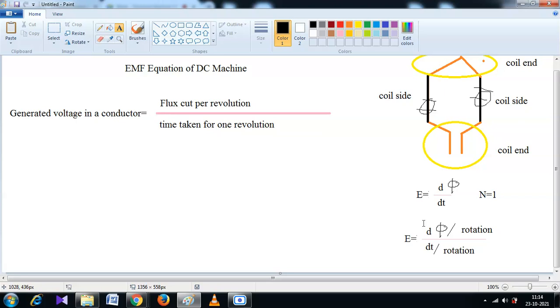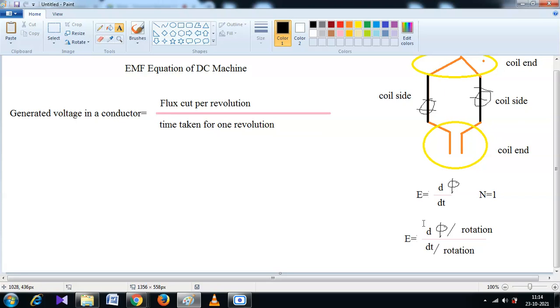And we slightly modify that equation and write E is equal to d phi by rotation or revolution, dt by rotation or revolution. So d phi by revolution is called flux cut per revolution, and dt by revolution is called time taken for one revolution.